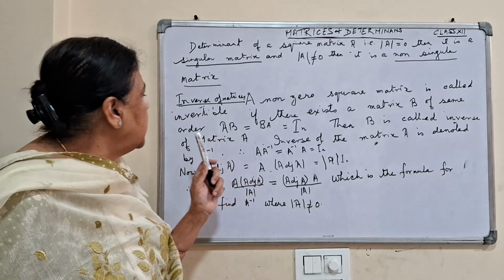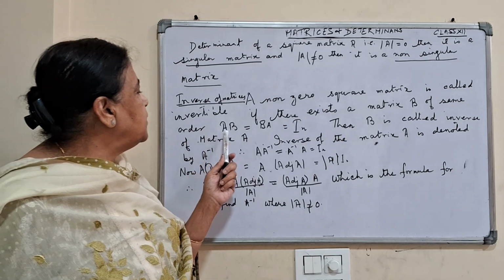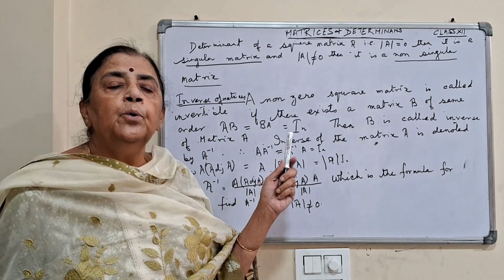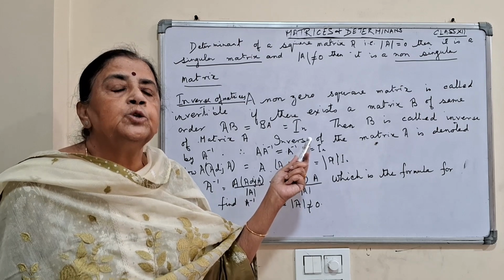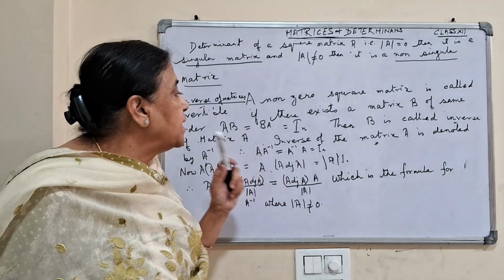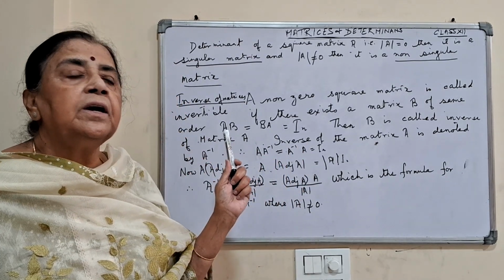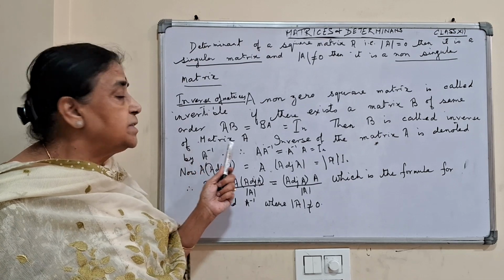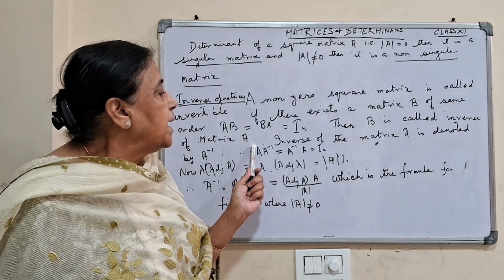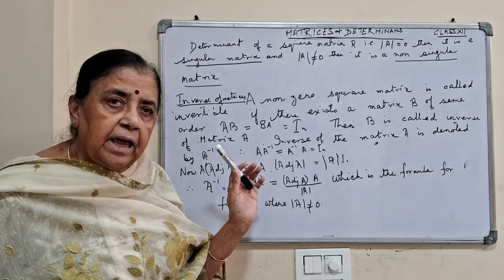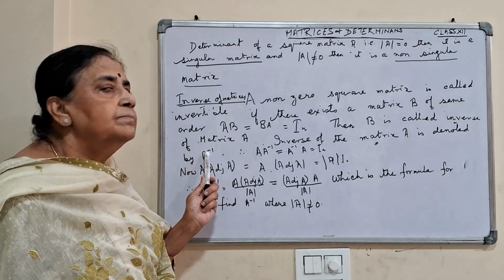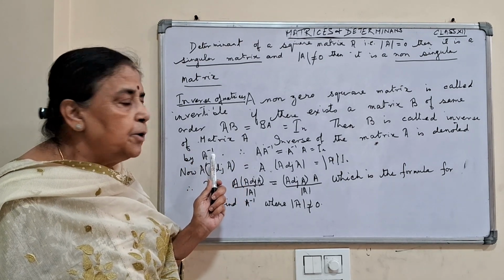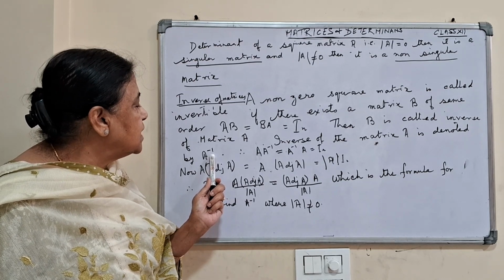Then AB is equal to BA is equal to I n, that is the unit matrix of order n, then B is called the inverse of matrix A. We denote it as A inverse.